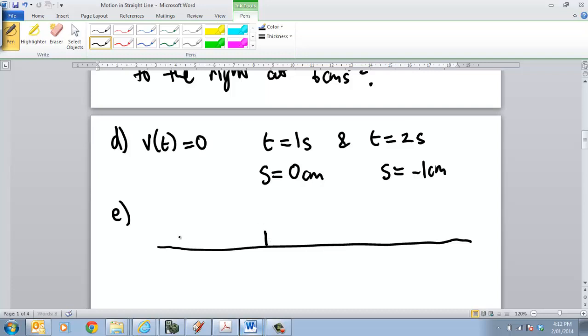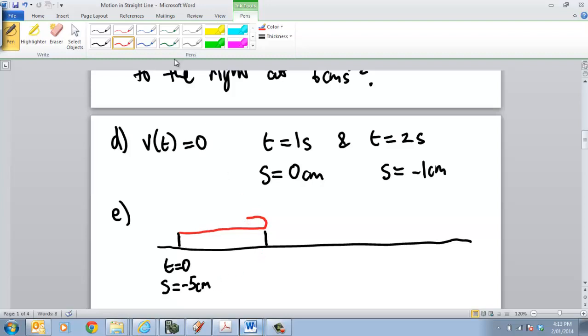We know it starts initially at t equals 0 at this position here, at a distance of -5 centimetres. That's where we're starting. So it goes in this direction here, and at 1 second it's at the origin. So it goes there, and it changes direction.